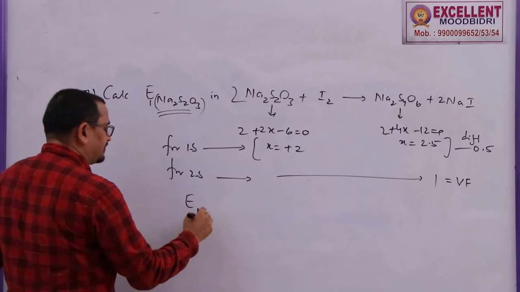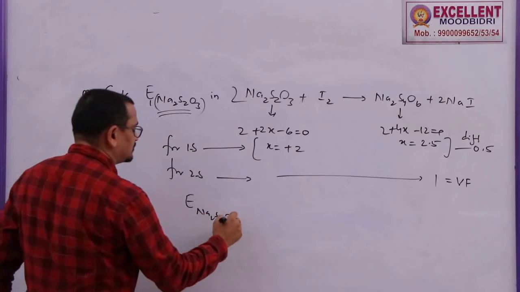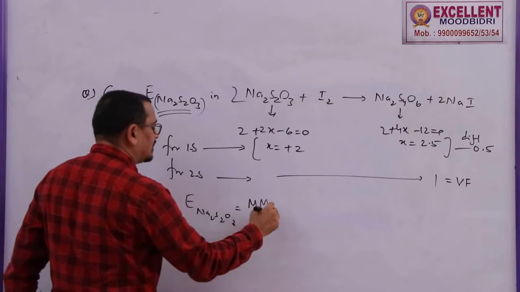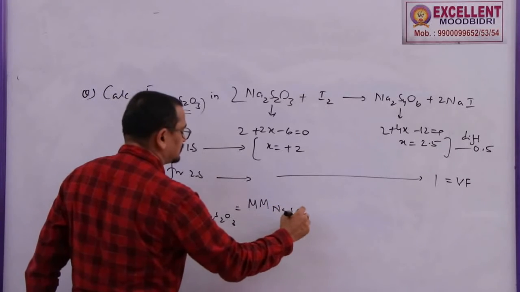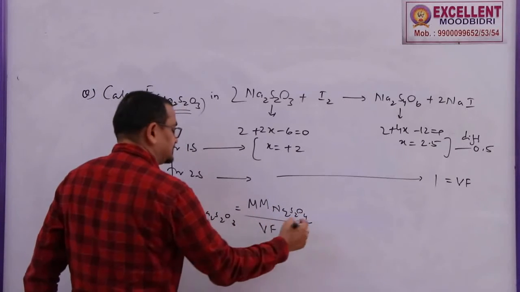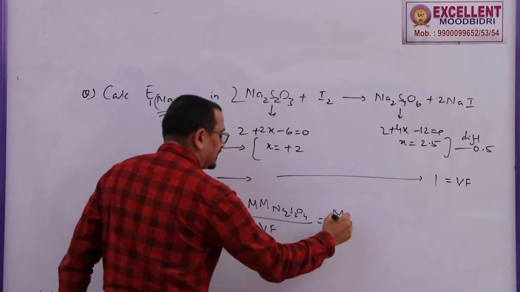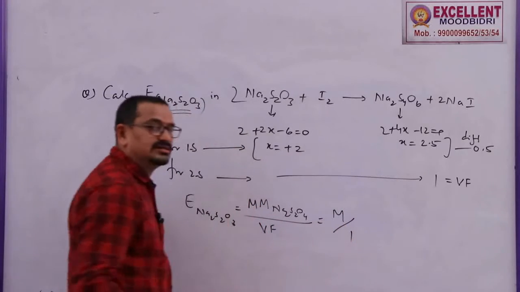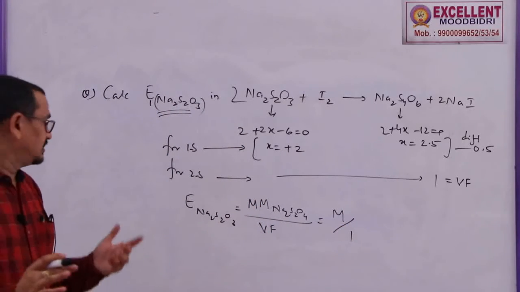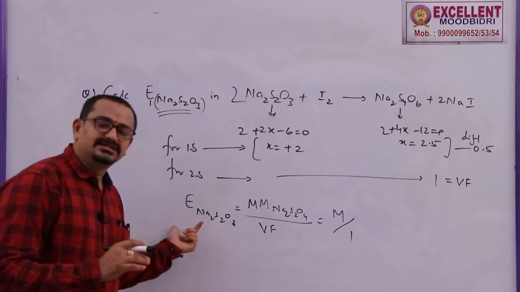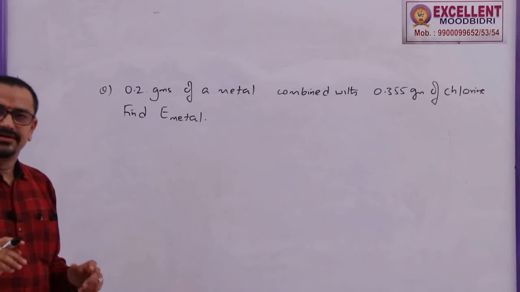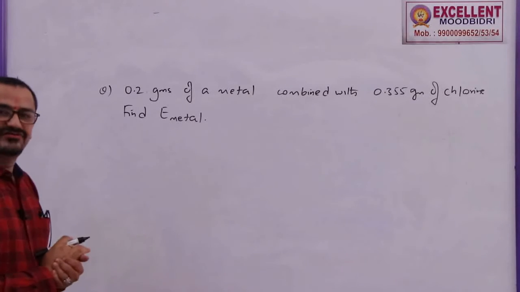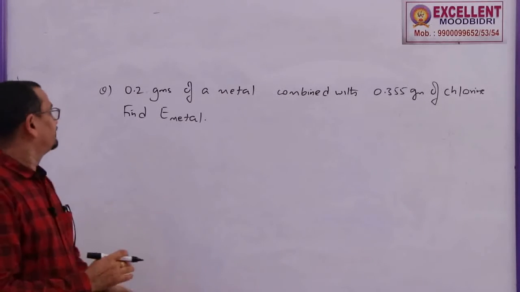The equivalent mass of Na2S2O3 is nothing but the molar mass of Na2S2O3 over its valency factor. So let it be M by 1. This is another numerical in the equivalent mass concept.